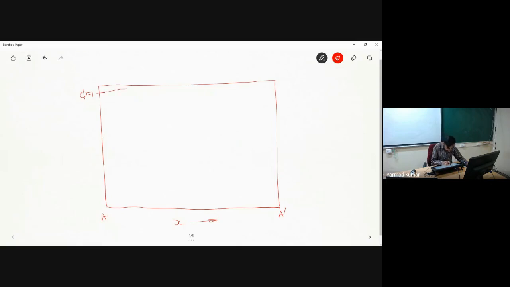Up to a certain distance the value was 1. Then if we follow the exact solution, the value becomes 0. So this was our exact solution.